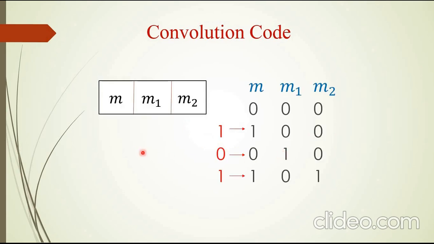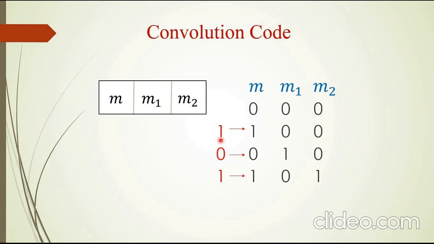Now see how this shift register works. First of all, initially all bits are 0. So initially all message bits are 0.